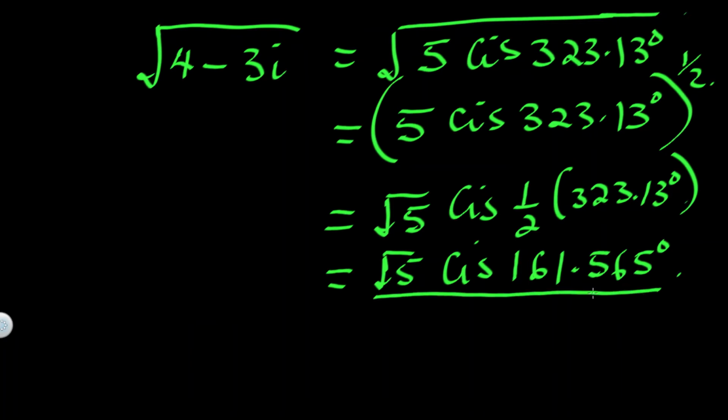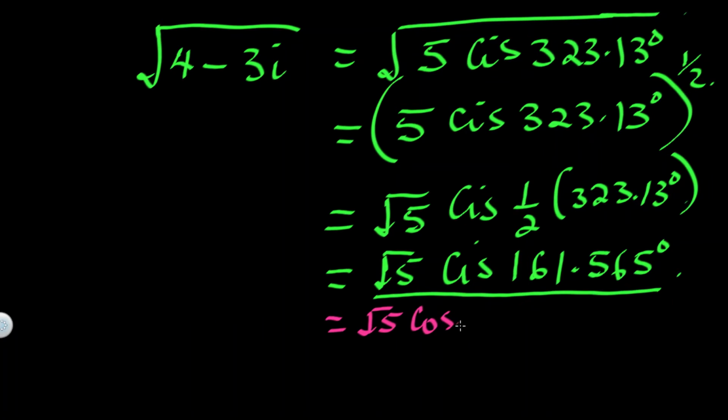I'm leaving it in polar form, but even if they want it in rectangular form, I simply have to write it in rectangular form. If the question says find your answer in rectangular form, I just have to convert this. Let me show the conversion. I'm going to use a different color for that. I'm going to start by expanding this into root of 5 cos, which is what the cis means.